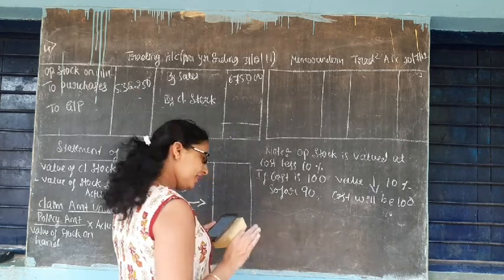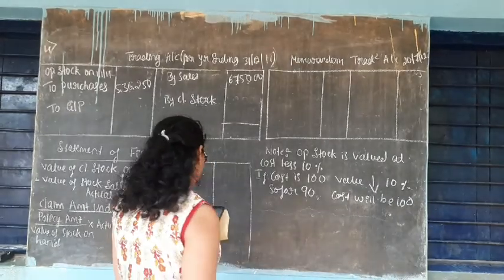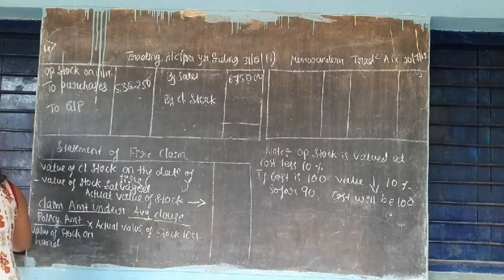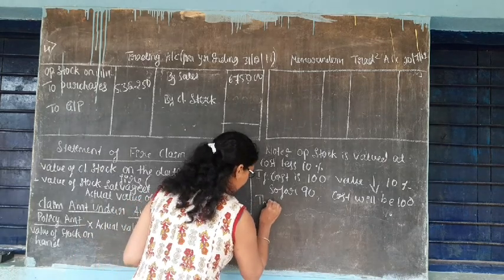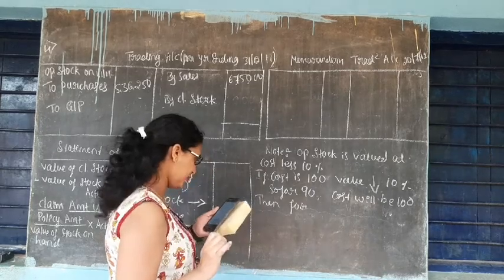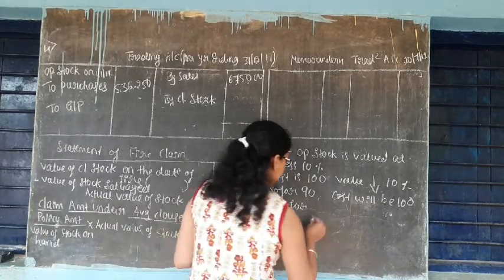So for 90 rupees, they would have mentioned the cost as 100 rupees. But now, in the question they have given that stock on 1/1/2011 is 45,000.